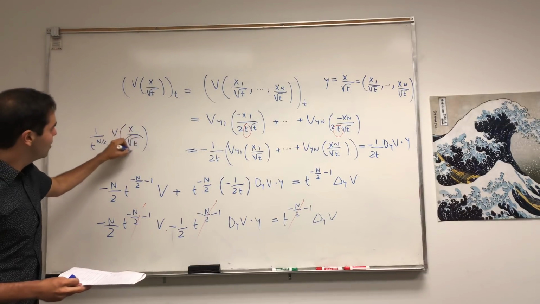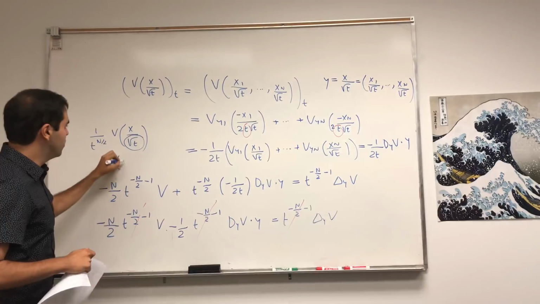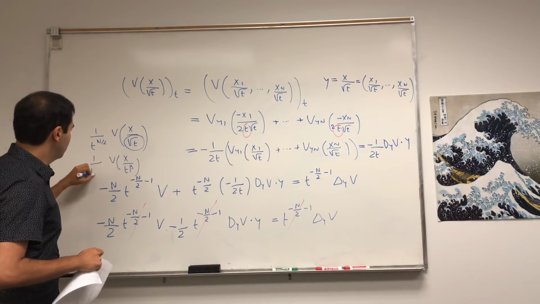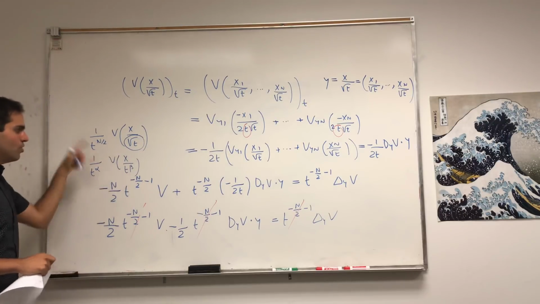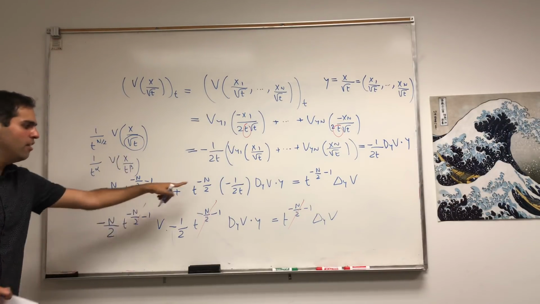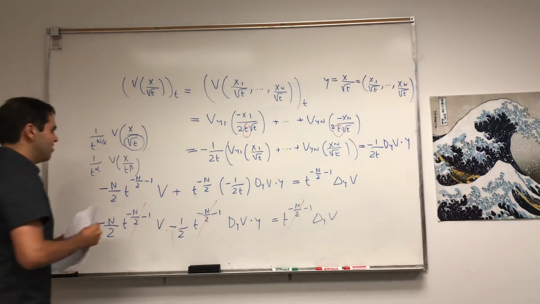It has to do with the fact that we chose square root of t. So basically, if you wanted to do it in general with v of x over t to the beta, I guess 1 over t to the alpha, you would do the calculation and then choose beta to be 1/2 to actually make all the bad terms disappear. Okay.